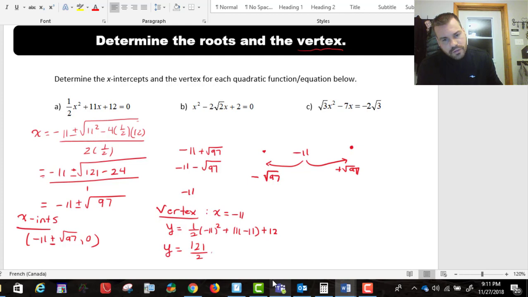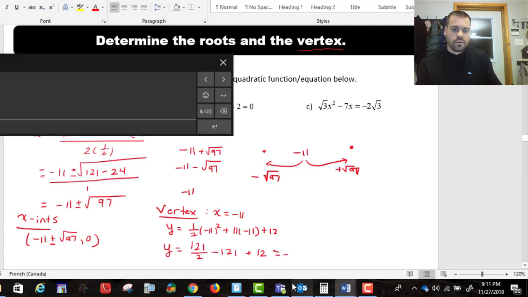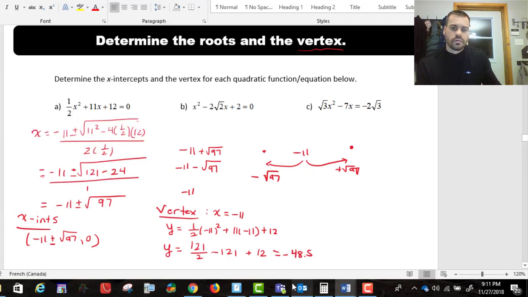This gives me minus 121 because it's 11 times minus 11, and then we add 12. If we take our calculator, we can go 121 divided by 2, subtract 121, add 12, and we get minus 48.5. So my vertex, as a coordinate pair, is minus 11 and minus 48.5.